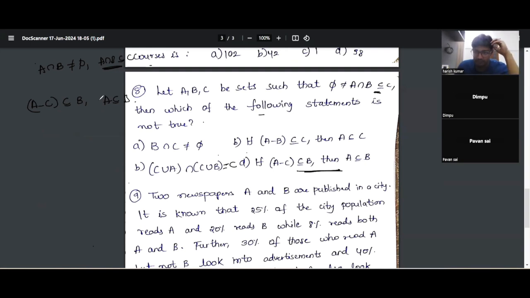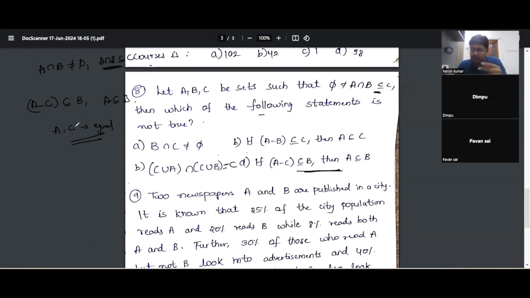Let's say we consider A and C as equal sets, because I want to disprove this.